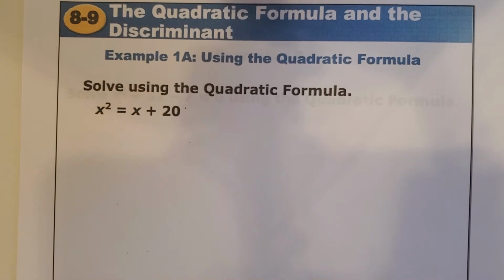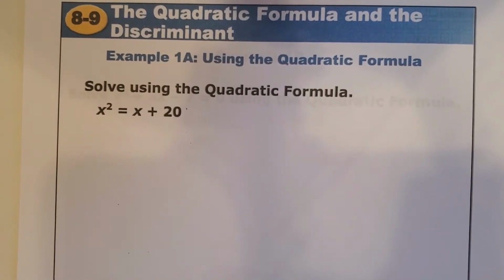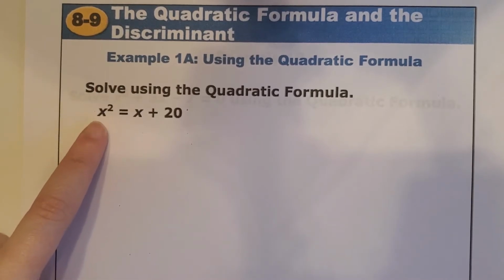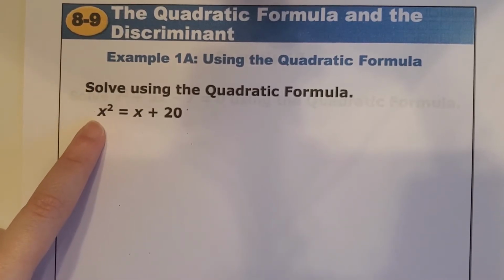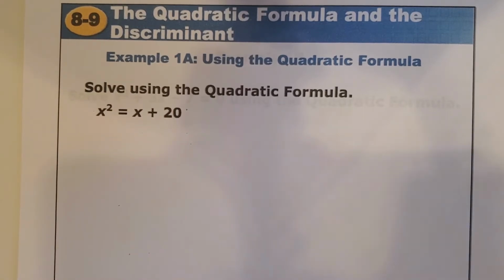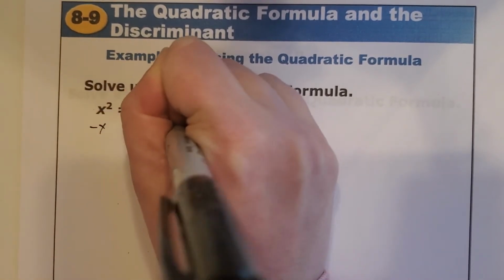So, from the beginning, we want every single term over to one side, preferably the left side, the same thing as when we did solving by factoring, so that the squared term is positive. So we're going to move everything over to the left. What that means is we're going to subtract x and subtract 20.